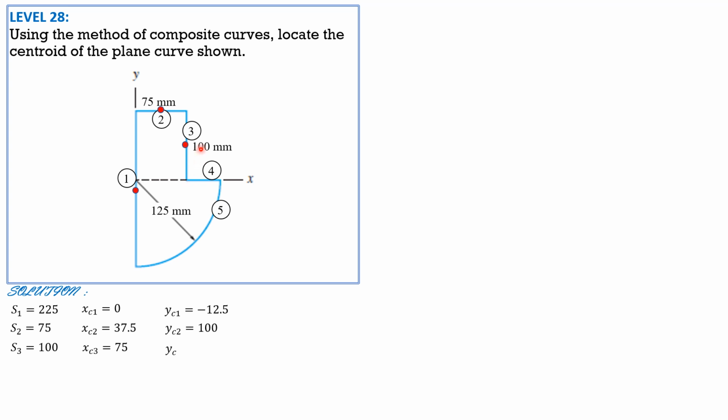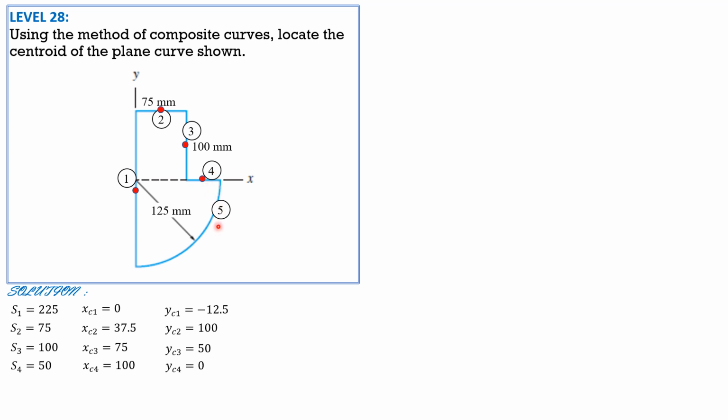Yc3 is half of 100, so 50. Length of element 4 is 125, radius minus 75, so 50 mm. The centroid is here, so 75 plus half of 50, 25, so 100. Xc4 is 100. Then it lies on the x-axis, so yc4 is 0.